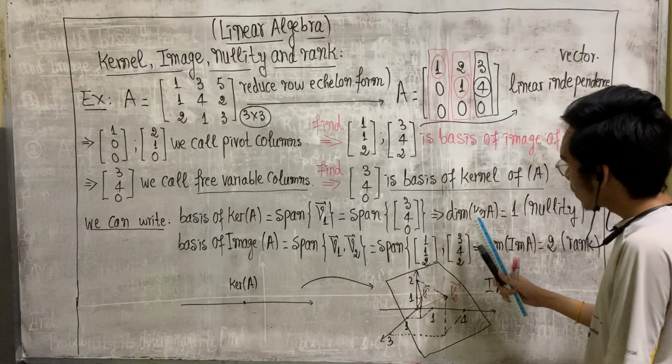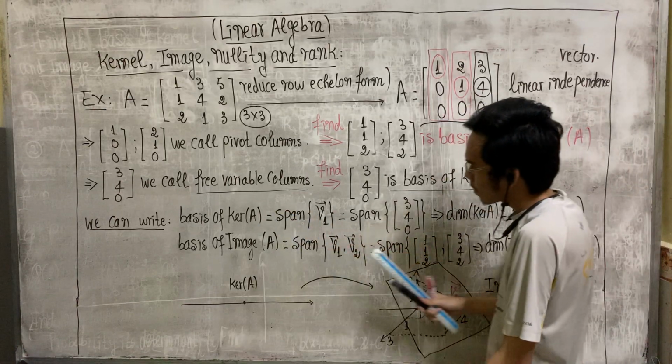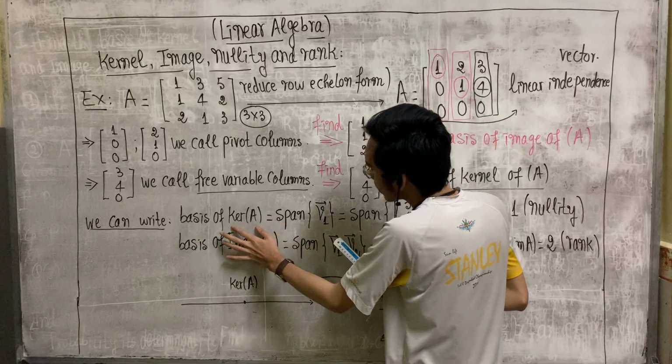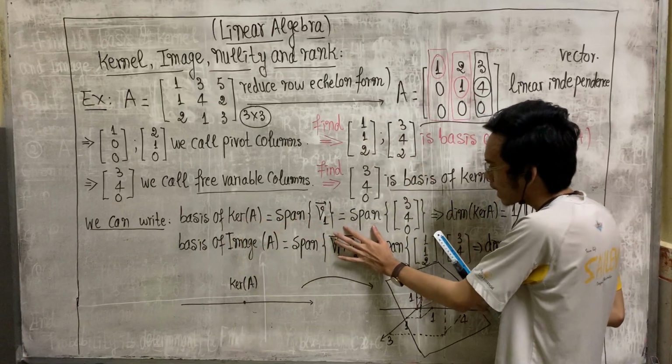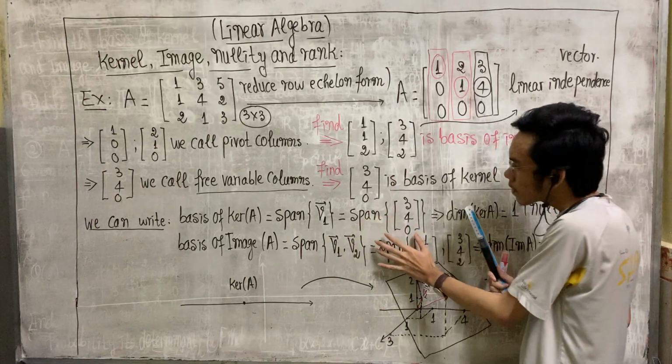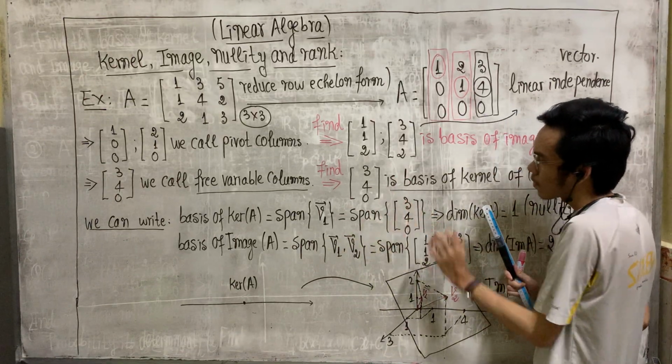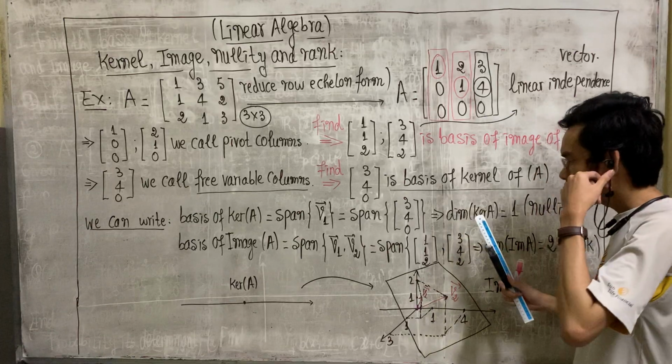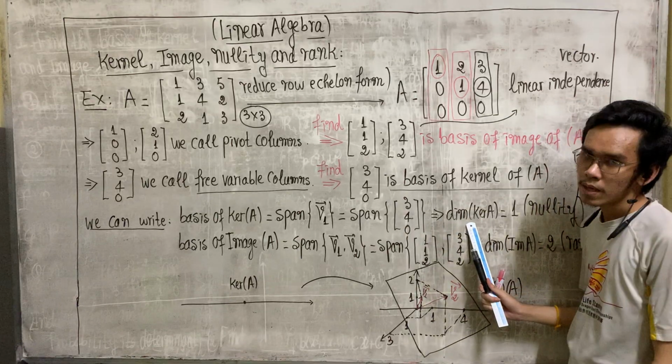So the basis of the kernel of the matrix A is equal to the span of the vector v1, where v1 equals (3, 4, 0), and then we have to find the dimension.